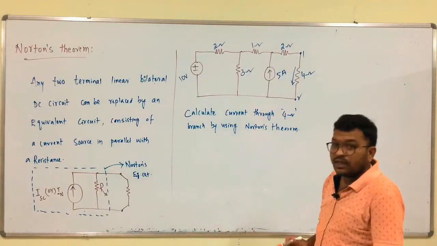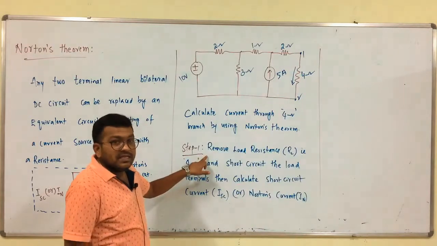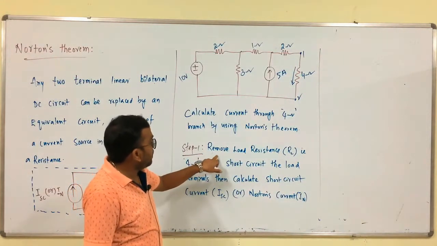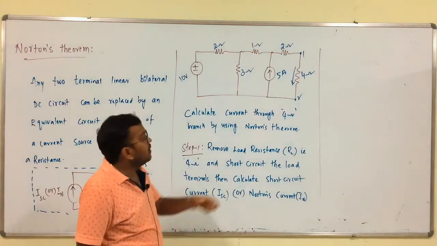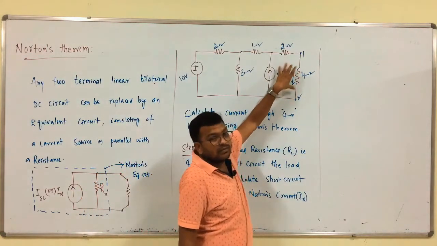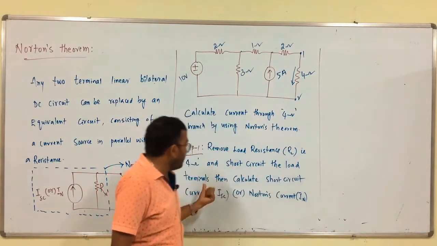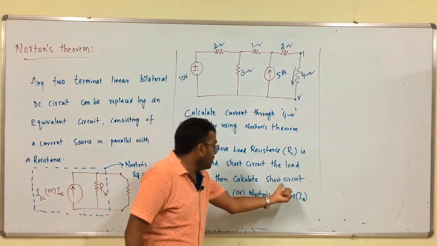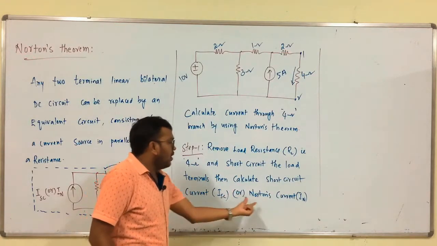So, for this we have to write step 1. This is step 1: remove the load resistance RL, that is, for us this is the load resistance, the 4 ohm branch, and short circuit the load terminals, then calculate the short circuit current, that is ISC or Norton's current.